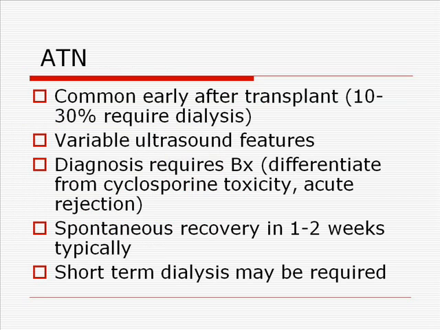Acute tubular necrosis is common in the early transplant period, usually within the first 48 hours, secondary to reversible ischemic damage to the renal tubular cells during warm ischemic time. It's seen in 20 to 60% of cadaveric kidneys. Risk factors include use of cadaveric kidneys rather than living donor kidneys, and donor hypotension.